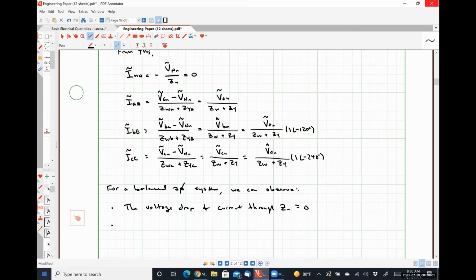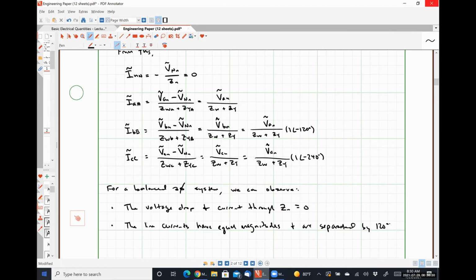We can directly observe that the line currents have equal magnitudes and are separated by 120 degrees per phase.